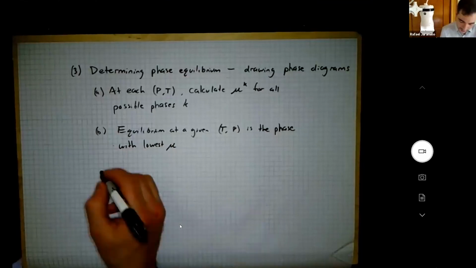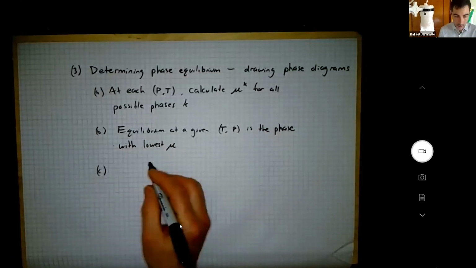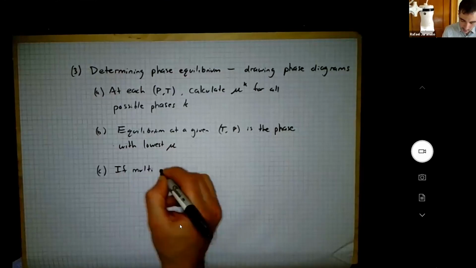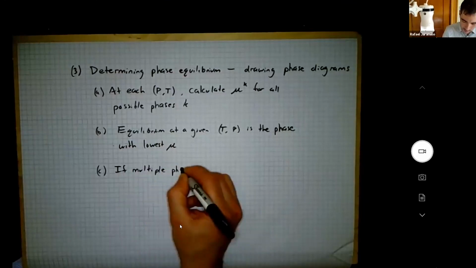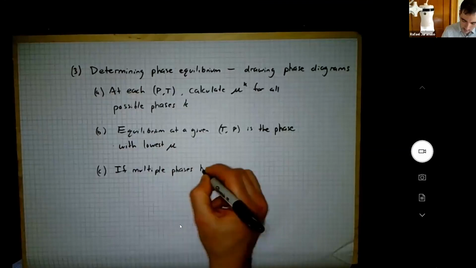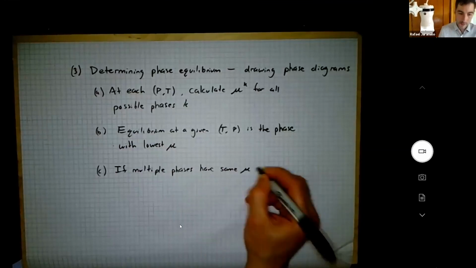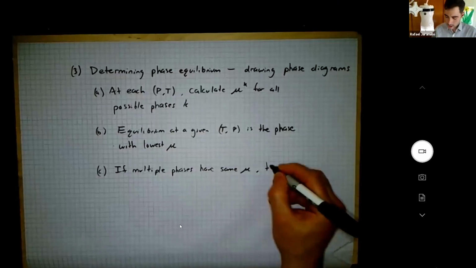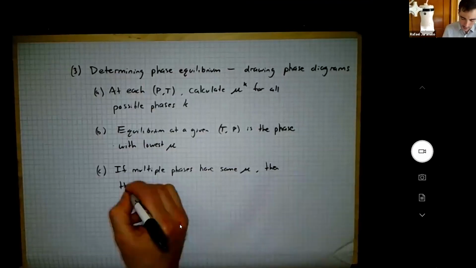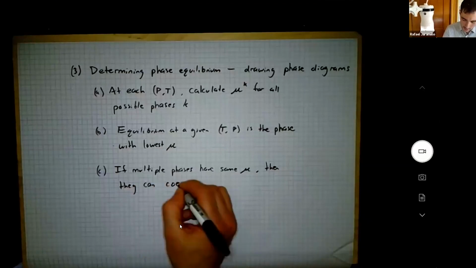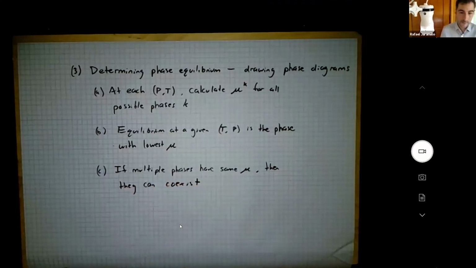And as we've seen a couple minutes ago, if multiple phases have the same mu, then they can coexist. So that's the conceptual way to build unary phase diagrams.